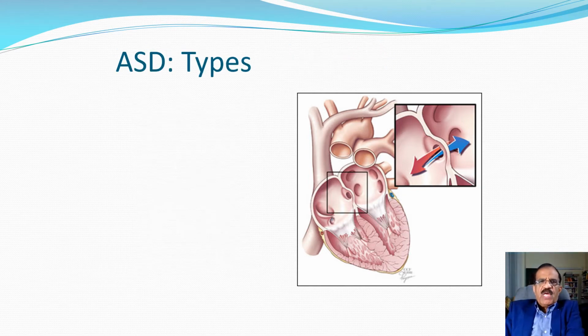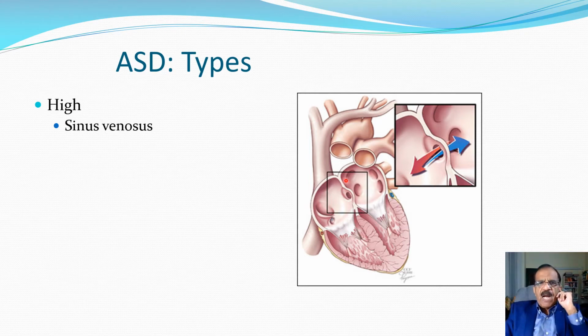There are some types. First of all, the defect could be anywhere. If it is in the upper part, and this picture actually does not show it, but if you imagine this may be a pulmonary vein and this may be the systemic vein, if there is abnormal communication between two atria in the upper part, it could affect the septum as well as the veins, and that is called sinus venosus.